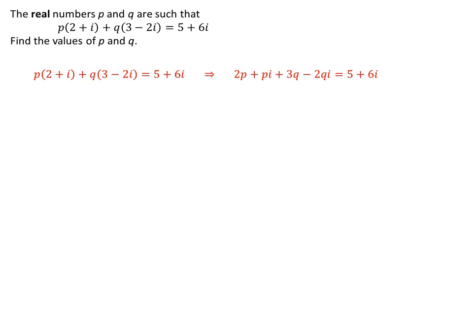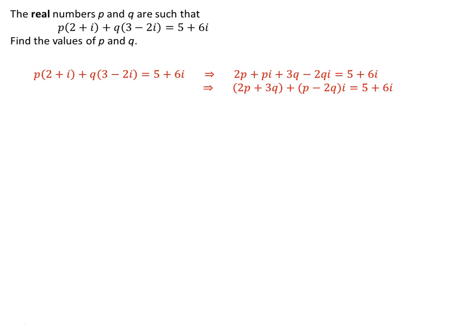Looking at the left-hand side of this equation, let me rearrange it so that the real terms are together and the imaginary terms are together. Then we've got 2p plus 3q is the real part of the left-hand side, and p minus 2q is the imaginary part of the left-hand side.